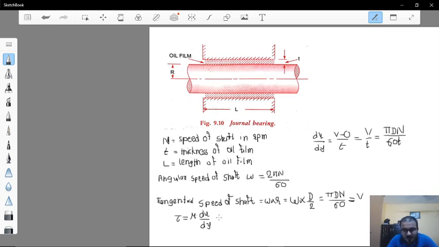So here we can write tau is equal to pi d N mu upon 60 t.